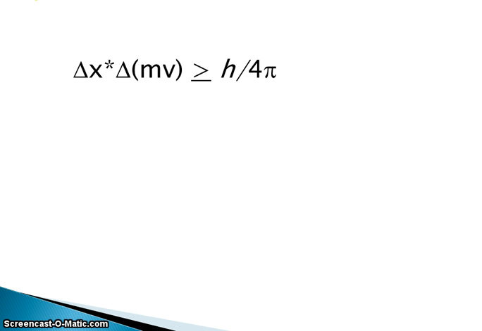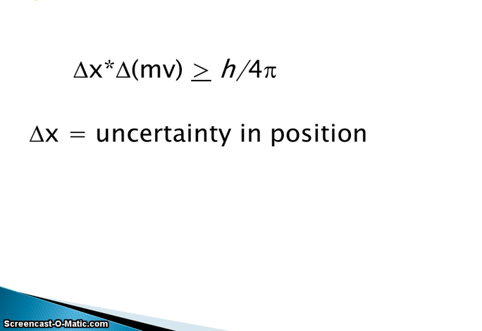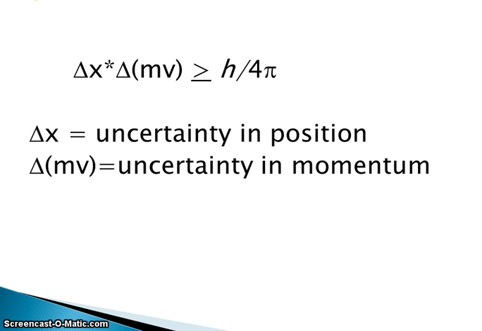Over on the right-hand side, we have h, which is our Planck's constant. We're dividing it by 4, and we're dividing it by pi, which is also a constant. That means that the value over on the right-hand side overall is a constant. That means that our uncertainty in position and our uncertainty in momentum over on the left-hand side must be inversely related.